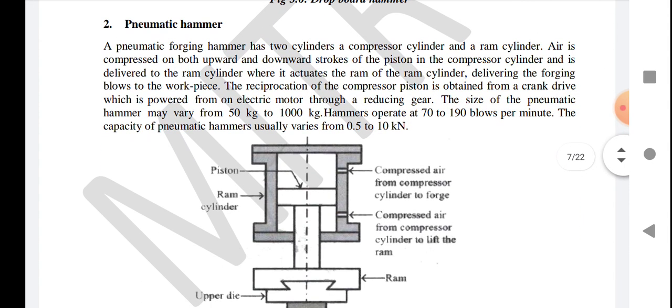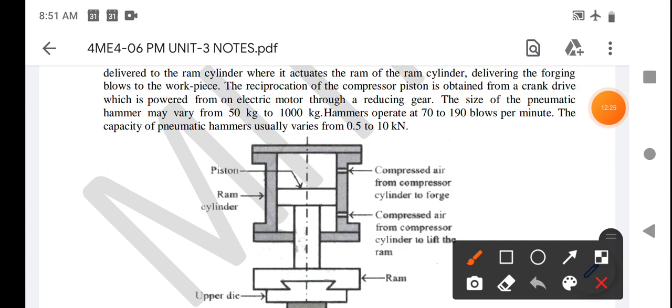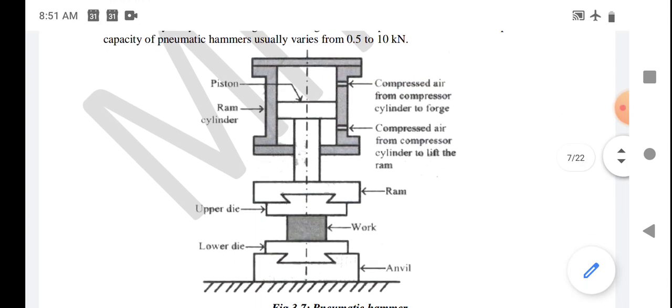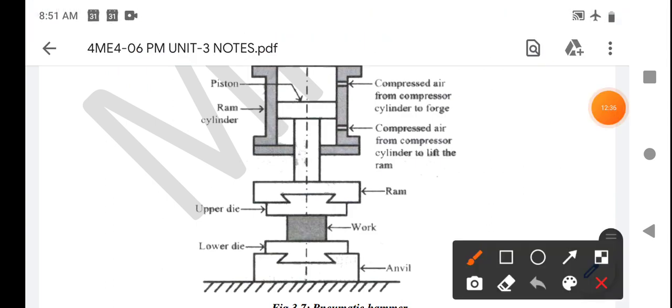Pneumatic hammer. In the pneumatic hammer we use air or fluid. When we pressurize the fluid in this cylinder, the ram moves in the downward direction.